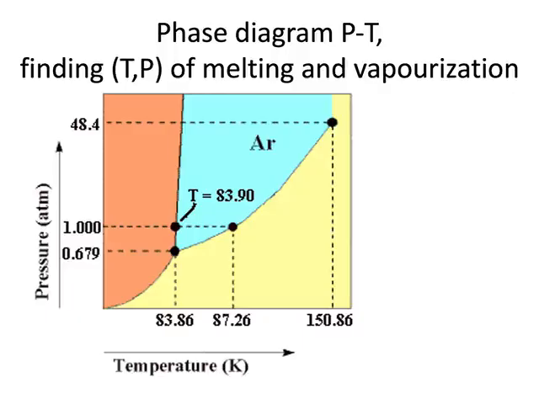So, as I said, if you know your substance and you know the conditions, you can read off on the scales of pressure and temperature to determine what the state is.